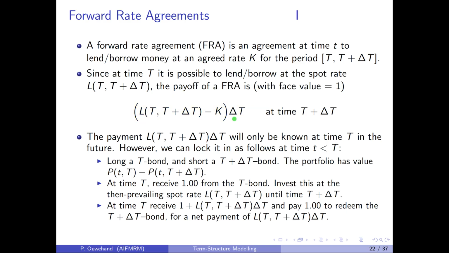And this payoff is received at time T plus delta t. However, the payment from the spot investment, i.e. L(T, T plus delta t) times delta t, will only be known at time capital T, which is in the future. Nevertheless, we can lock it in as follows at the earlier time little t.